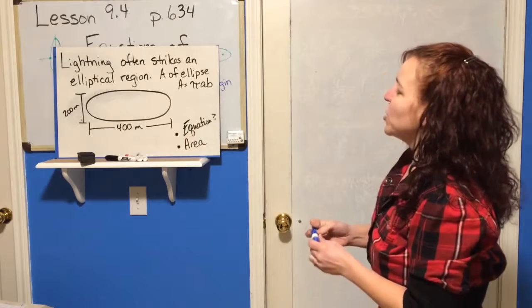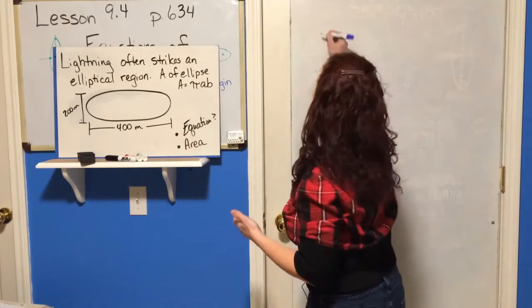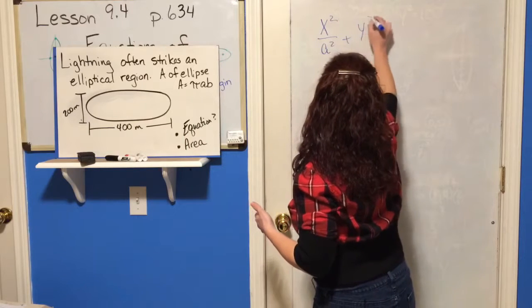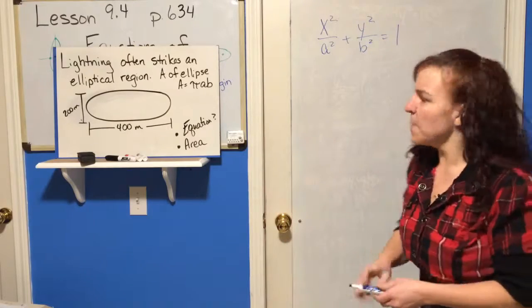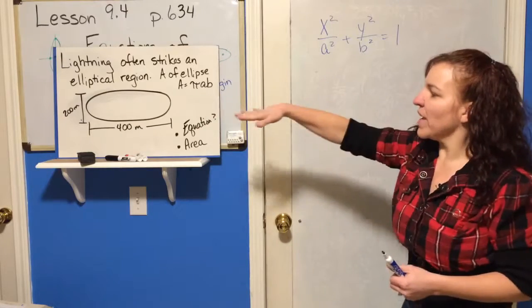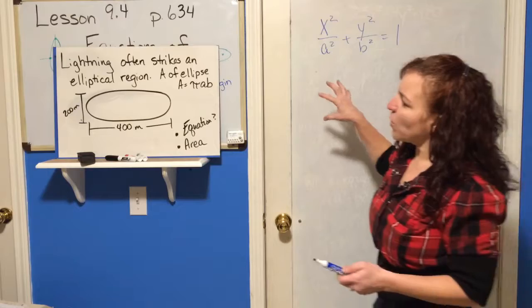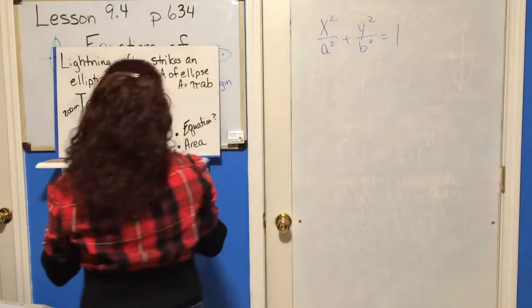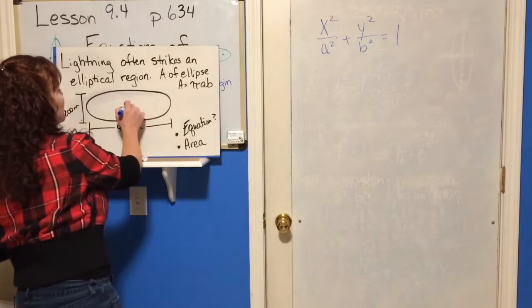So what we need to do is this. To find the equation we know is x squared over a squared plus y squared over b squared equals 1. That's easy. So the x, now in this case, the x is going to be the east-west direction here. And now remember that if the center is in the middle, that's good, isn't it?